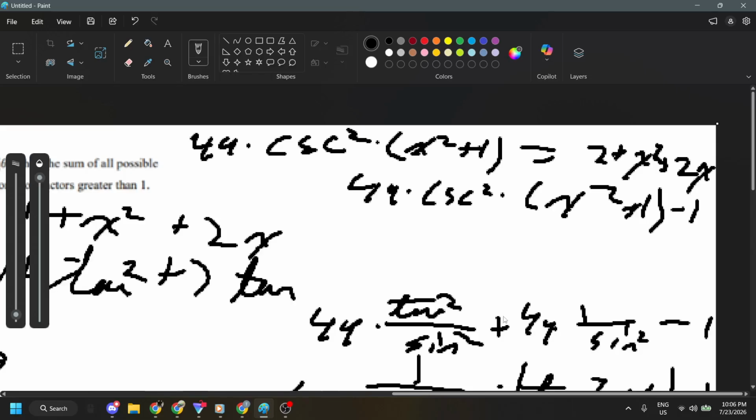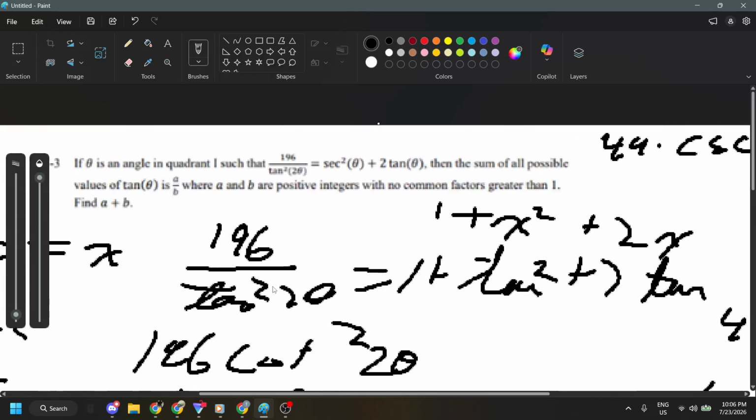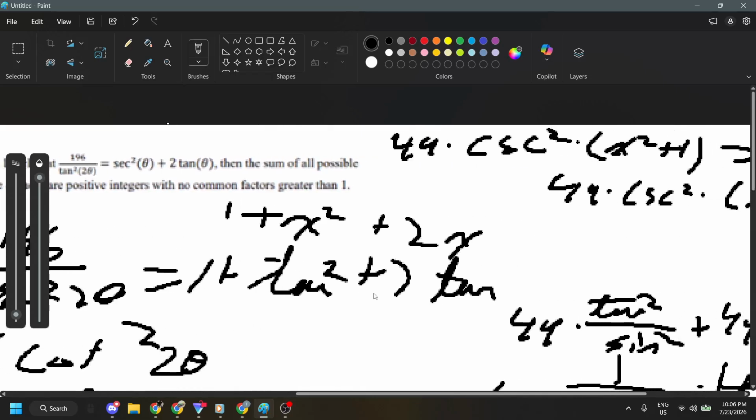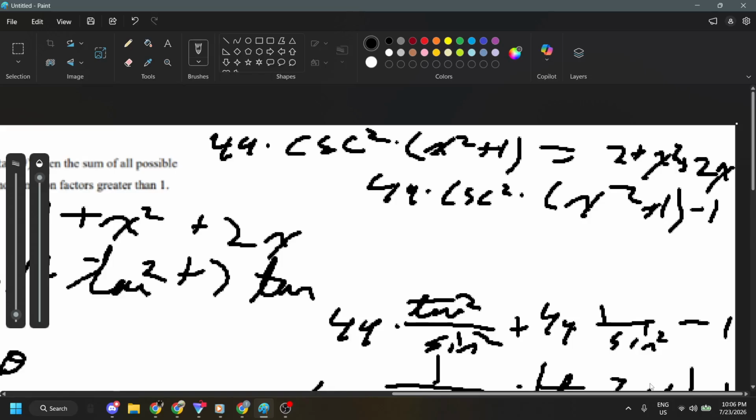We're looking for the values of tangent of theta. We're looking for the values of x.